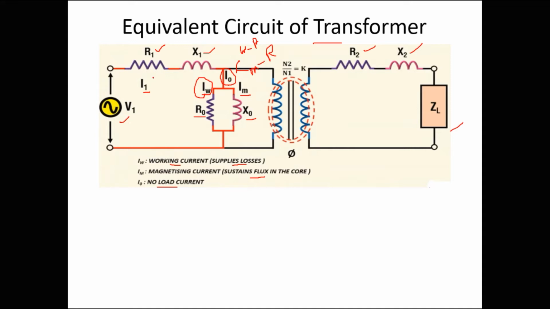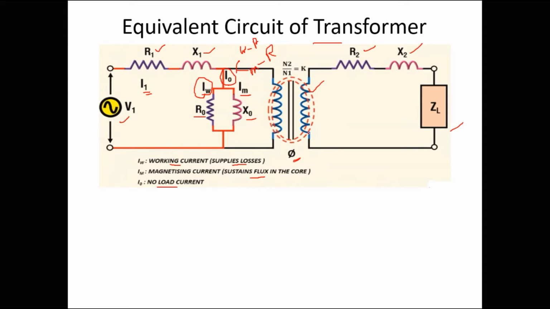Now we will start with the operation of the transformer. Once the supply is connected to the primary winding, there will be a flow of current called I1, and I1 contains the current I0, and I0 resolves into two components, and because of Im there will be creation of flux, called psi. We know that due to mutual inductance, the flux created by the primary coil links with the secondary coil.